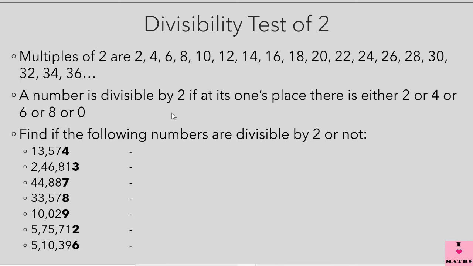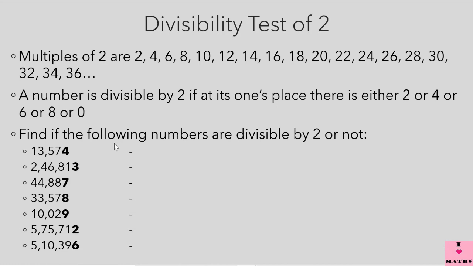So children, a number is divisible by 2 only if at its ones place we have an even digit. So you all know what even digits are? The even digits are 2, 4, 6, 8 or 0.